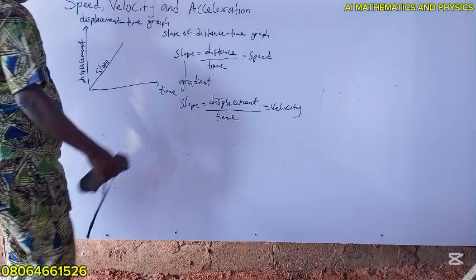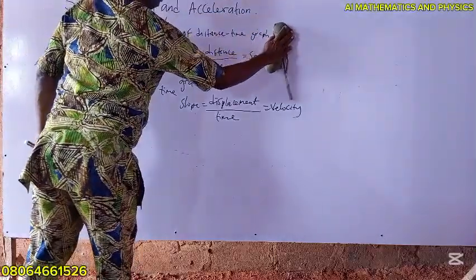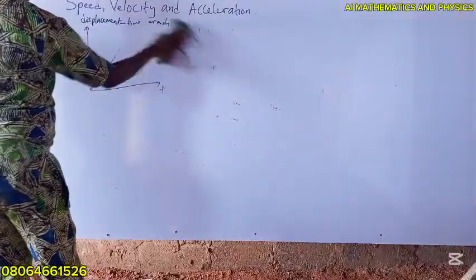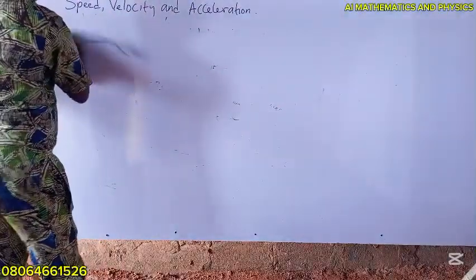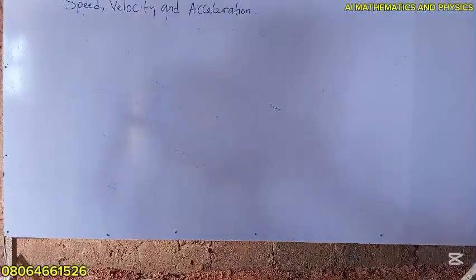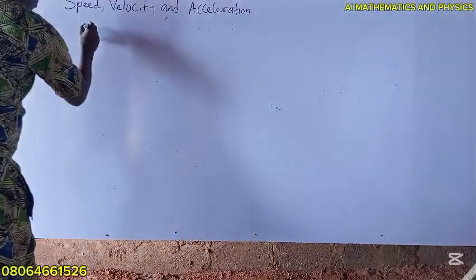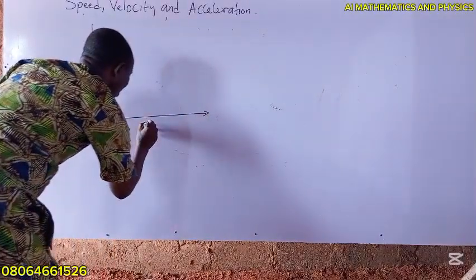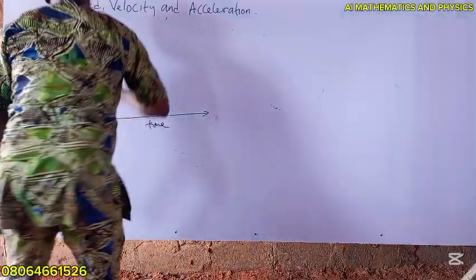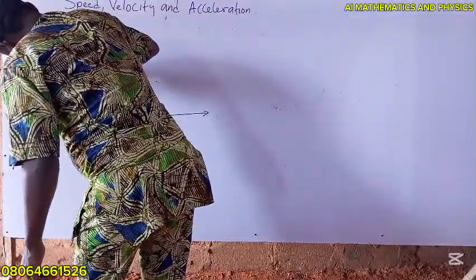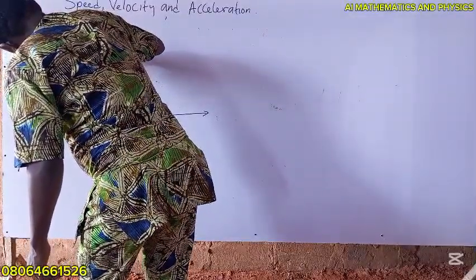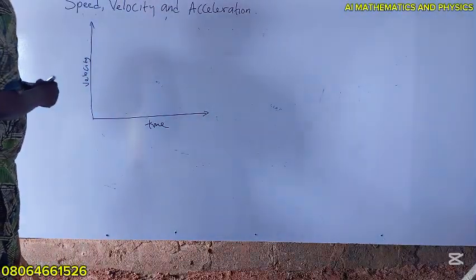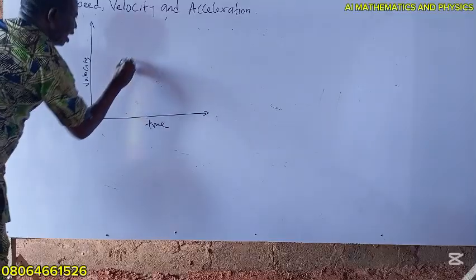Now we want to do acceleration. When we have velocity against time, we have time along the horizontal and velocity along the vertical. Then the slope, let's say we have a line here.